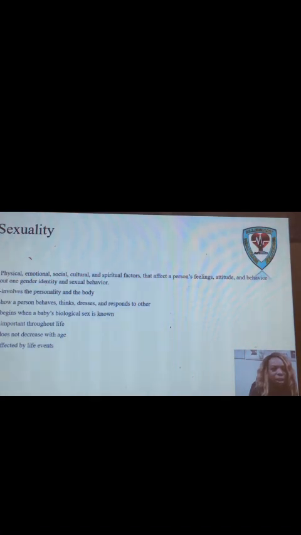Sexuality in our residents is physical, emotional, social, cultural, and spiritual factors that affect a person's feelings, attitude, and behavior about their gender identity and their sexual behavior. It's absolutely normal. It involves the personality and the body. Sexuality is how a person behaves, how they think, how they dress, and respond to others. It begins when they are born.